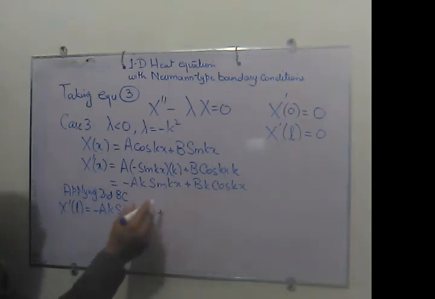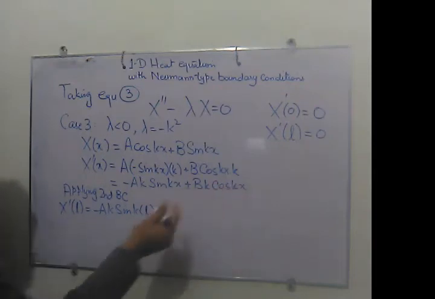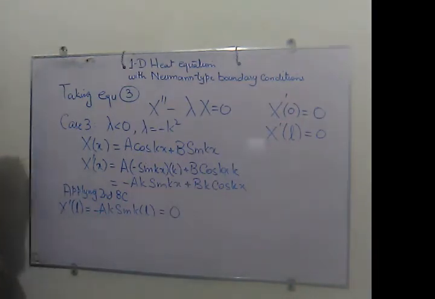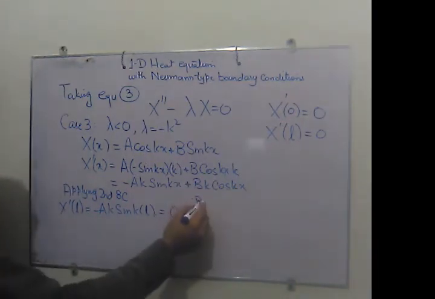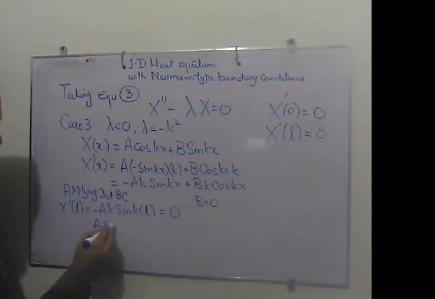However we have seen that b is equal to 0, so that term would become 0, and then this x dash of L is equal to 0 by the boundary condition. We have to remember that b is already 0. Now by simplifying this one, we have a sine kL is equal to 0.